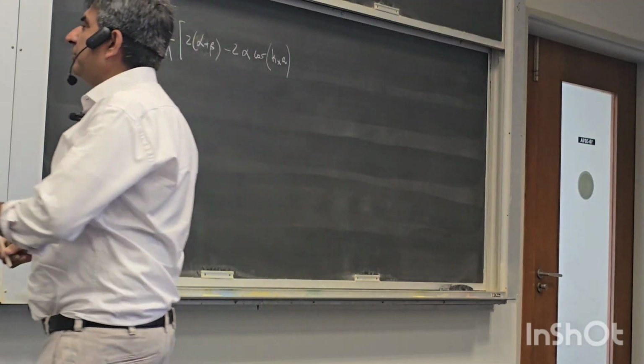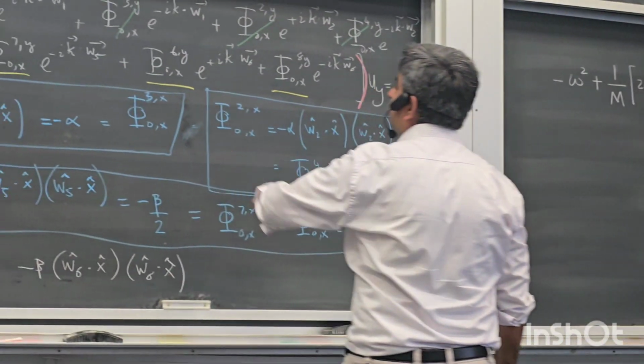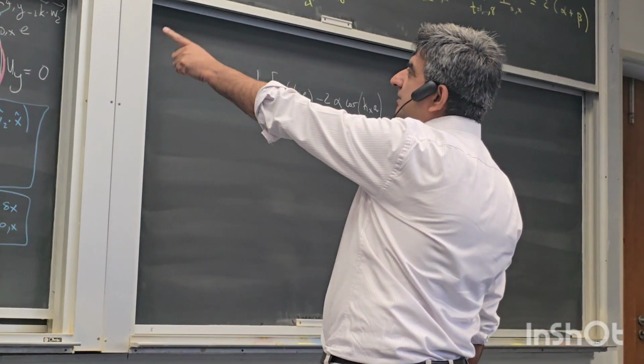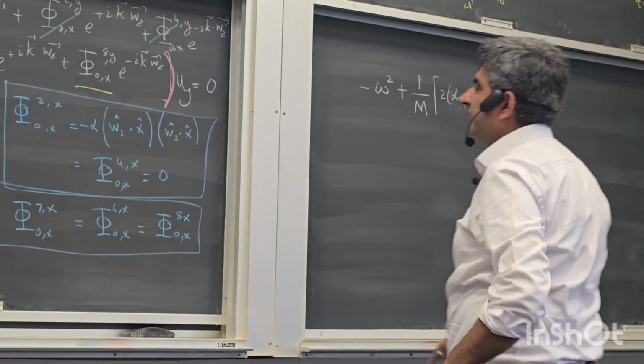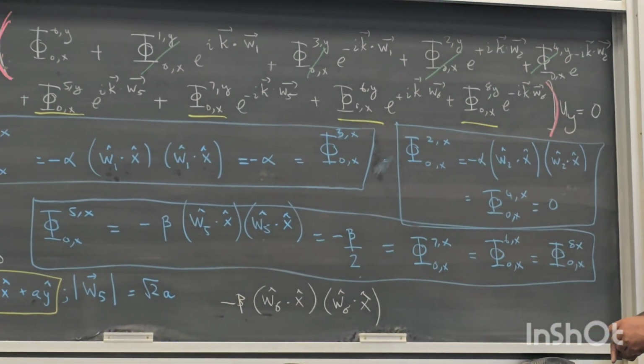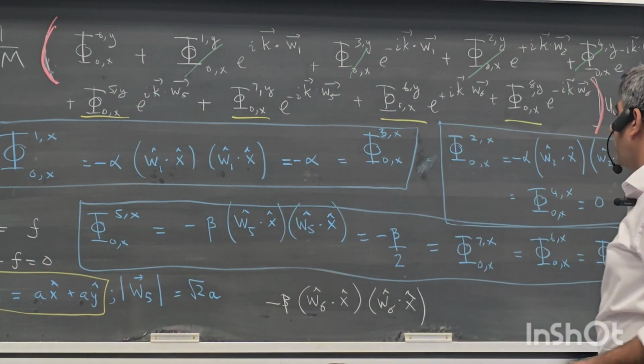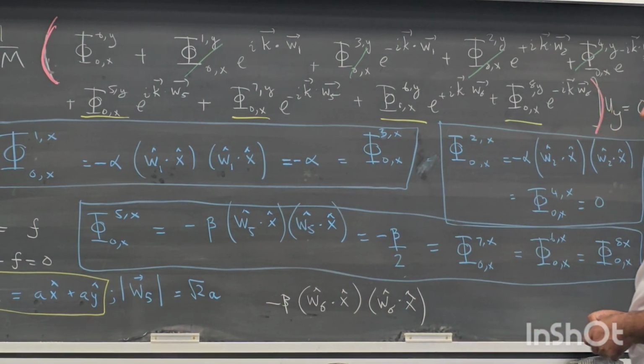Okay, beautiful. And then I take into account the other 4 terms, 0x, 5x, 0x, 7x. So this is from 0x and 3x. 0x and 2x and 0x and 4x give me nothing, they give me 0. Then 0x, 5x, 6x, 7x, 8x, all of them give me minus beta by 2.